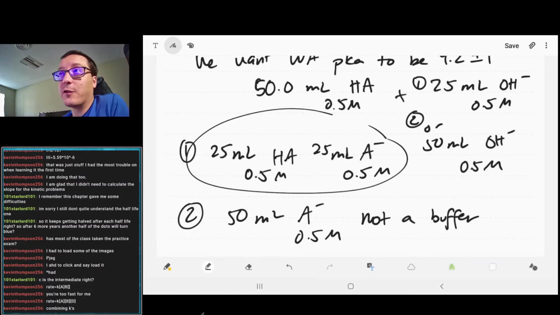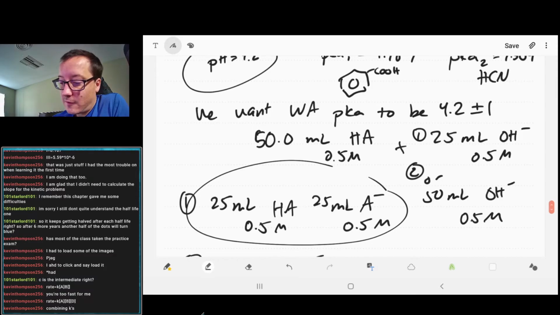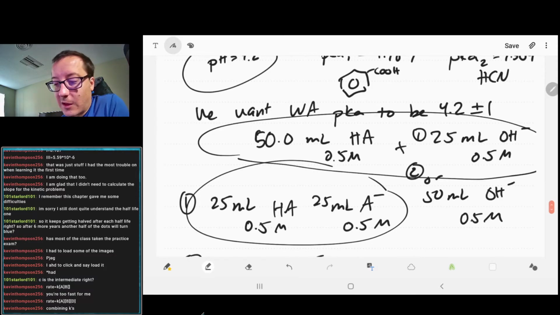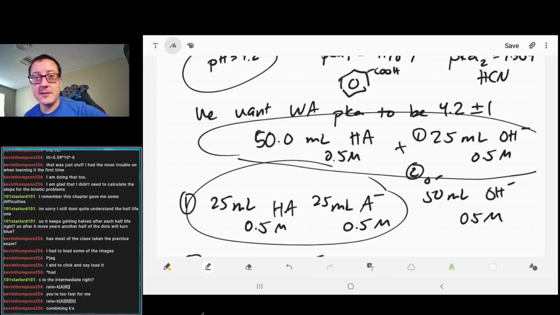So you're looking for the one where you add 50 mLs of benzoic acid and 25 mLs of your sodium hydroxide there. A lot of this stuff, if you can reason through it, you don't have to worry about most things. You don't have to actually calculate anything. Just use your reasoning. So test taking skills right here.